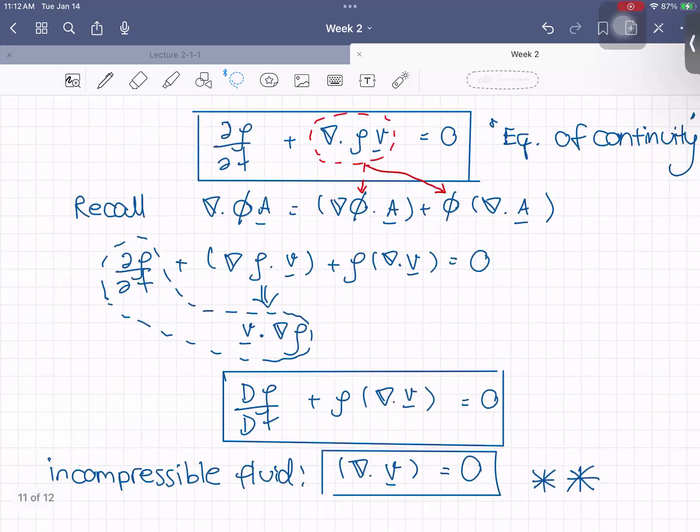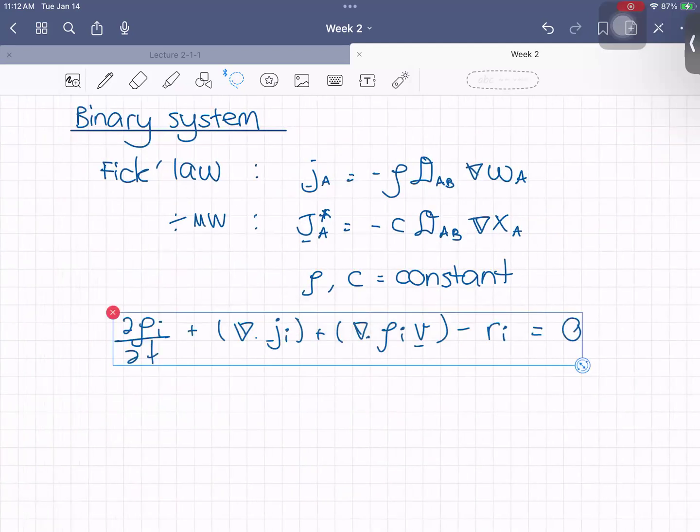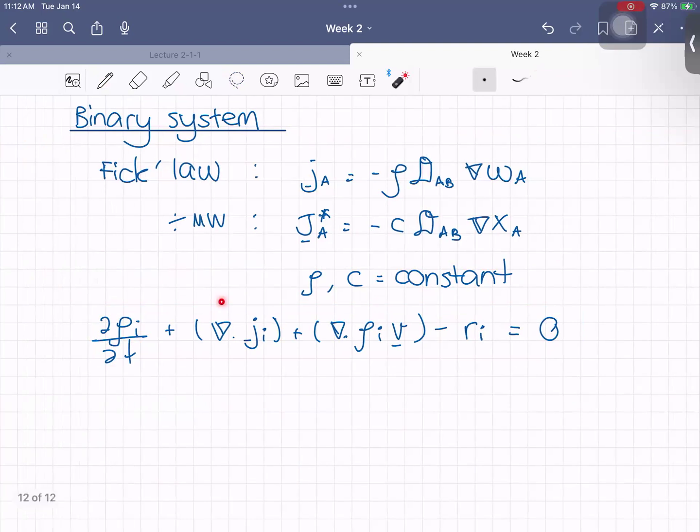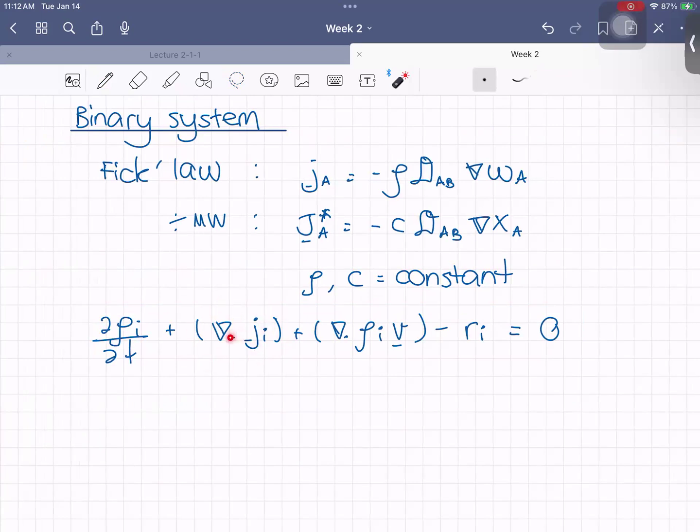Okay, so if I want to plug in the diffusion term, which is this term right here, I'm going to apply Fick's law, which is this equation, and plug it into this equation right here. Let me say that if the system has only diffusion, there is no convective term.